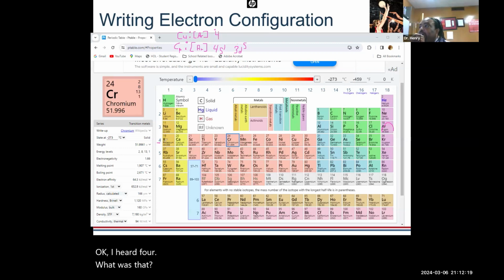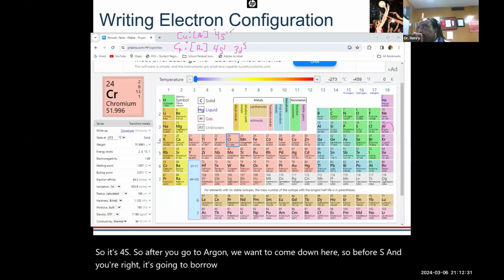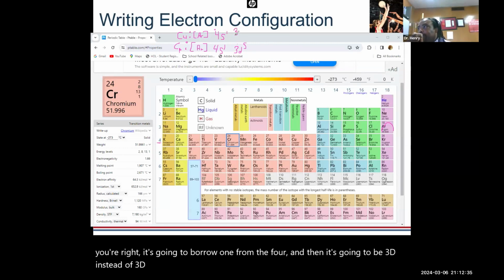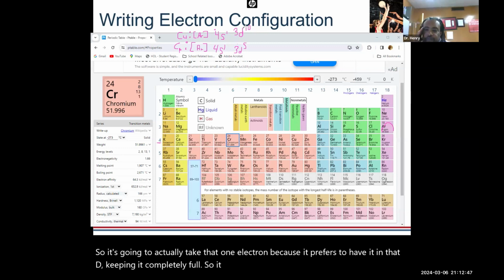No. So first we've got to do the 4s first, right? Oh, uh-huh. So it's 4s. After we go to argon, we want to come down here. So it'll be 4s, and you're right, it's going to borrow 1 from the 4s. And then it's going to be 3d10 instead of 3d9. Yeah. So it's going to actually take that 1 electron because it prefers to have it in that d, keeping it completely full. So it makes it lower in energy.